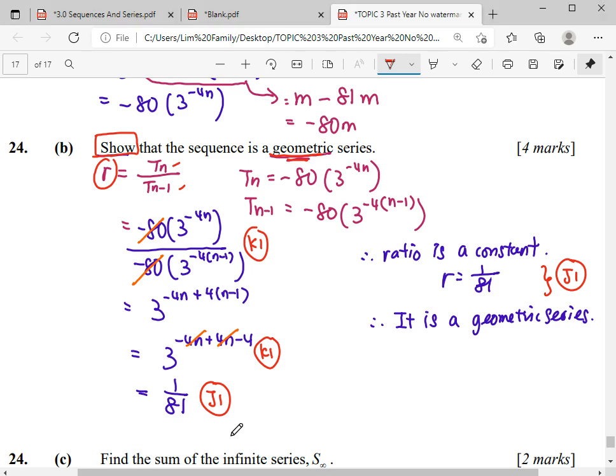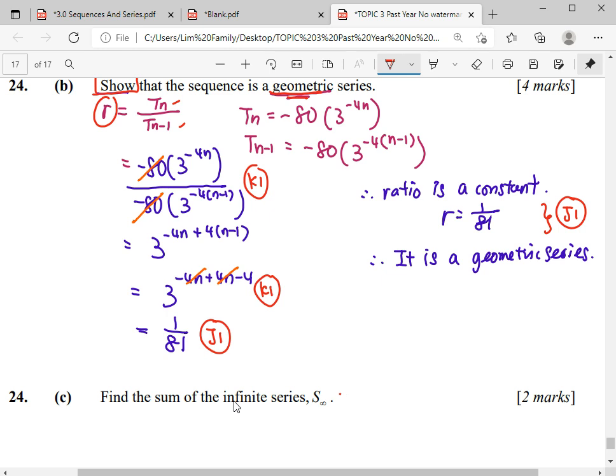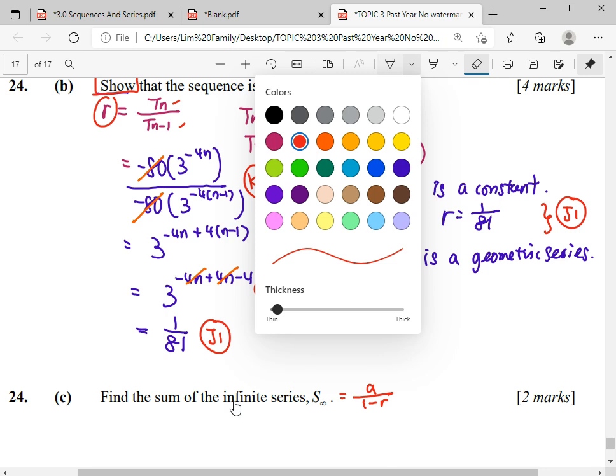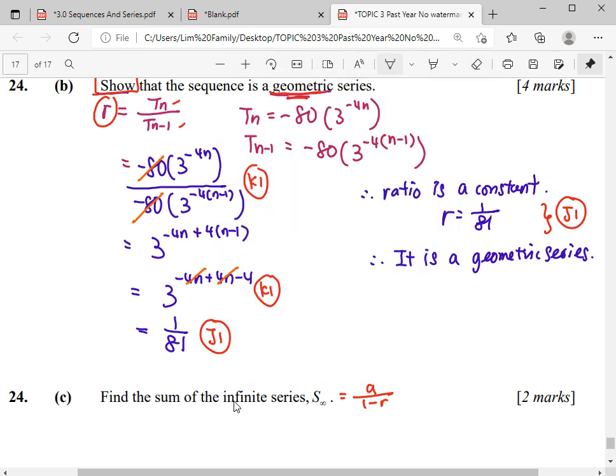Okay, continue. C. When you want to find the sum to infinity, the formula is a over 1 minus r. So I must have the first term a. How can we find our first term a using Tn? a equals T1. So T1, refer to our Tn here.